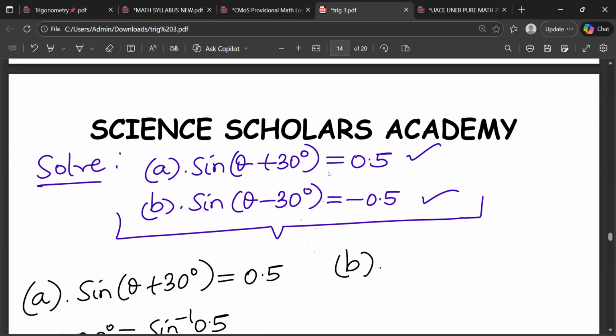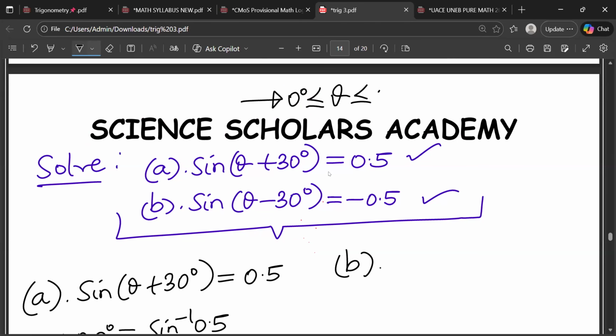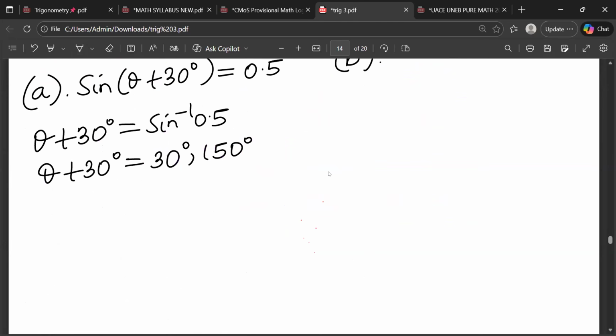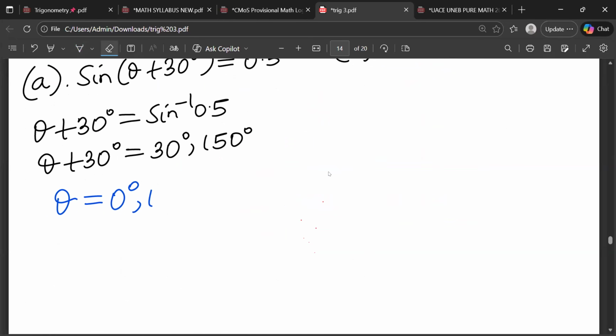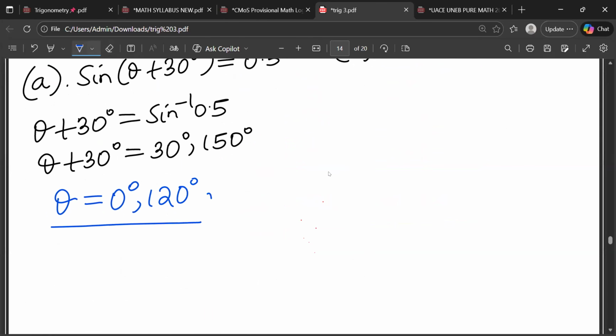But remember, the range I'm taking here is 0 degrees to 360. Then after I get the values, I subtract 30, and I get 0, and I also get 120. So I think that is obvious.